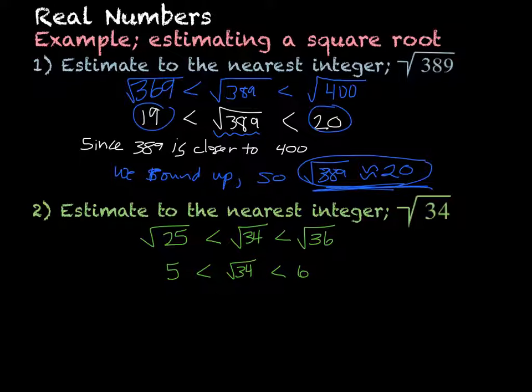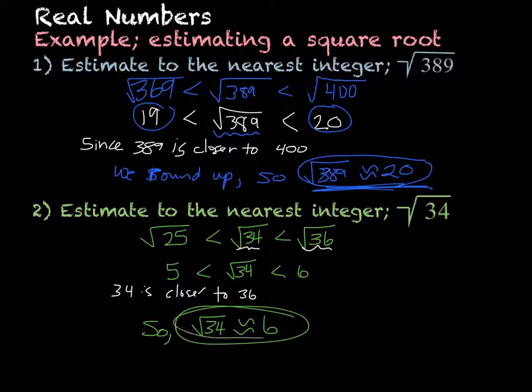Now, since obviously 34 is closer to 36, we're going to round the square root of 34 to about 6. The square root of 34 is approximately equal to 6, and that is your final answer.